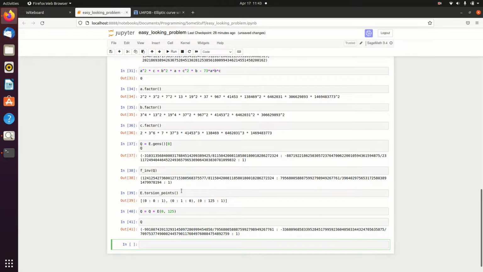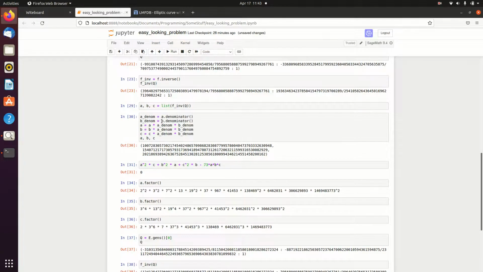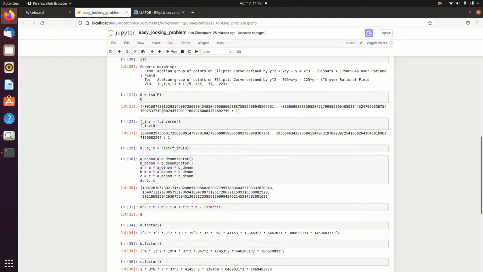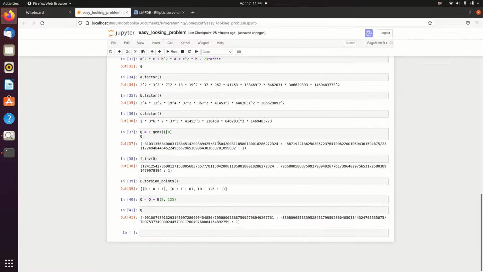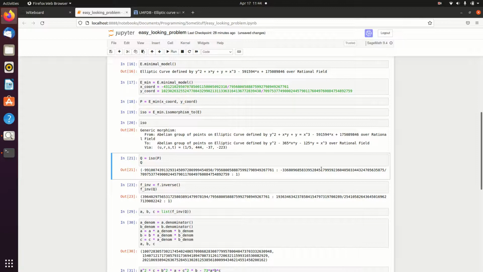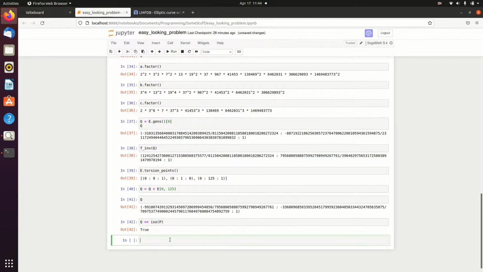That actually seems, as I said before, to be this point we got from the L-functions and modular forms database, if I see it correctly. So we could check. It's the same point.